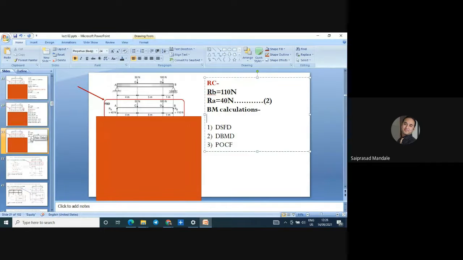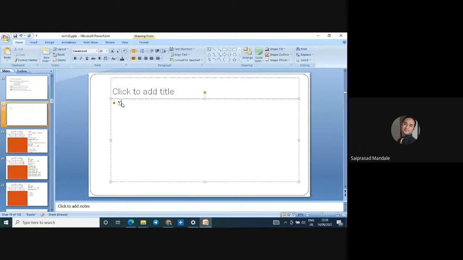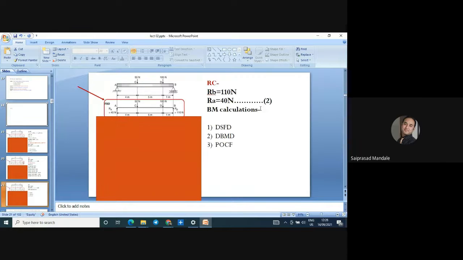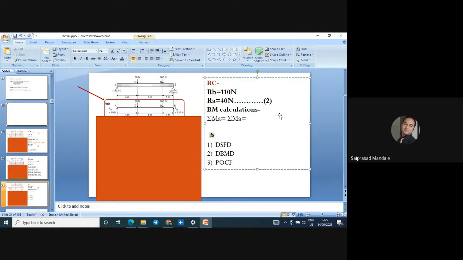During the start, I told you what the different moments acting at the end of the beam are: moment at A is equal to moment at B is equal to 0, because the moment acting at the extreme is always equal to 0.